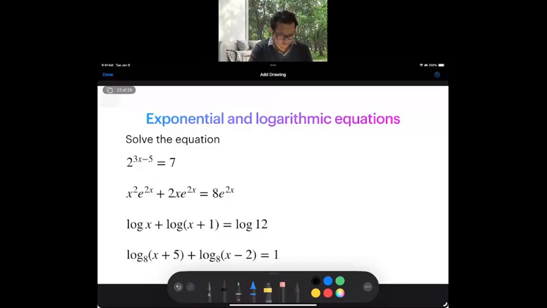We have an exponential equation: 2 with power of 3x minus 5 equals 7. You can try first, at least number 1, number 2. After a couple of minutes, I will solve that.